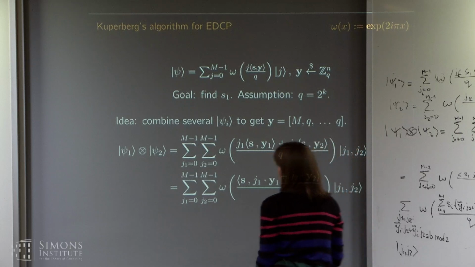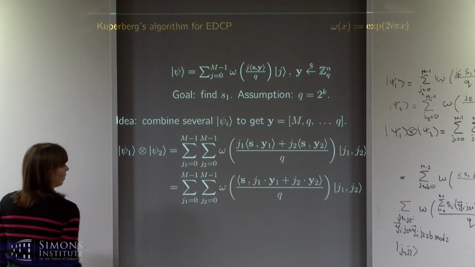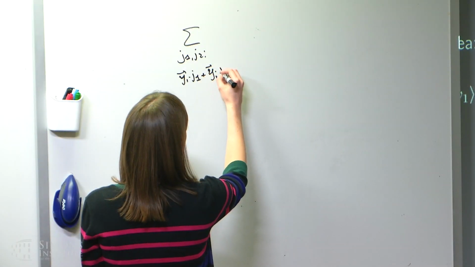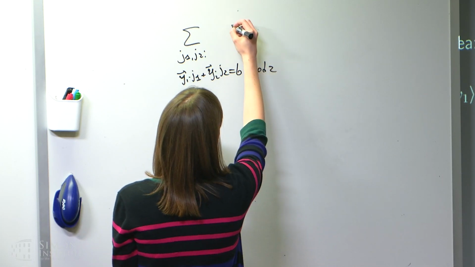Okay, let me rewrite the state. So what we've got here is a state which is j1, j2, such that y1 times j1 plus y2 times j2 is b mod 2.